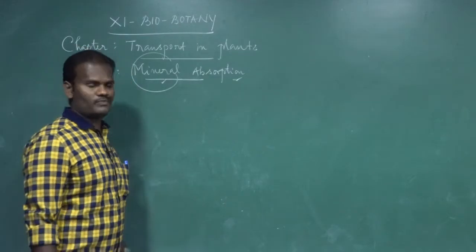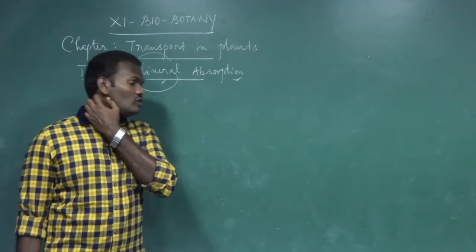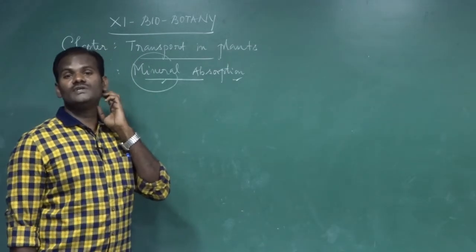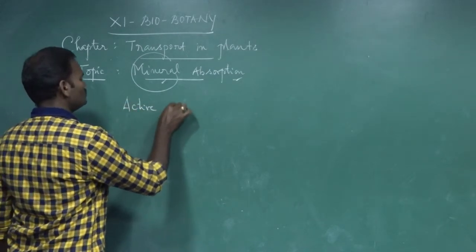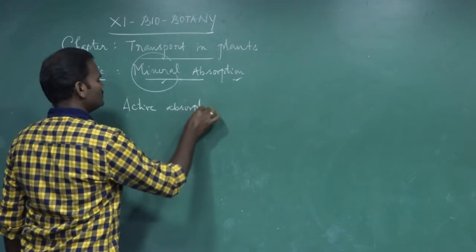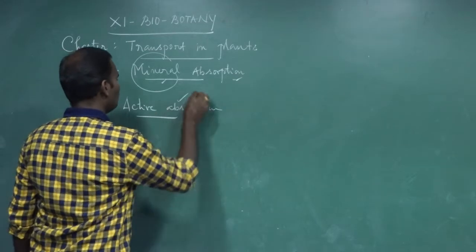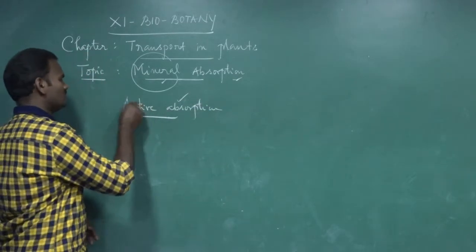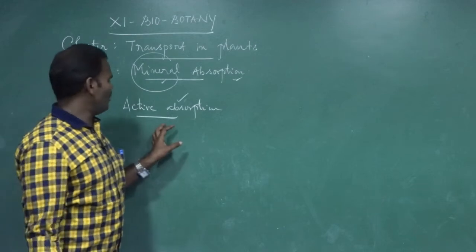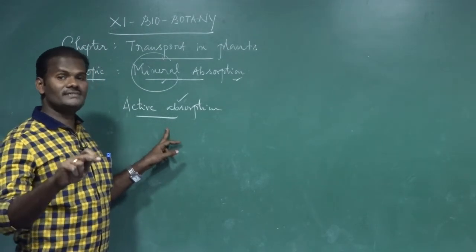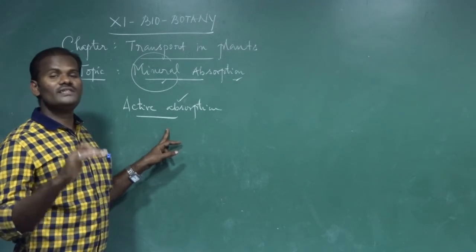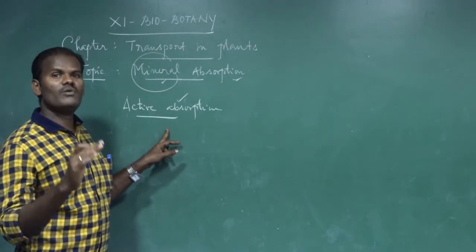Active absorption. How are mineral ions absorbed by the root cells actively? What is called active absorption? It is the phenomenon of movement or absorption of ions against a concentration gradient with expenditure of metabolic energy.